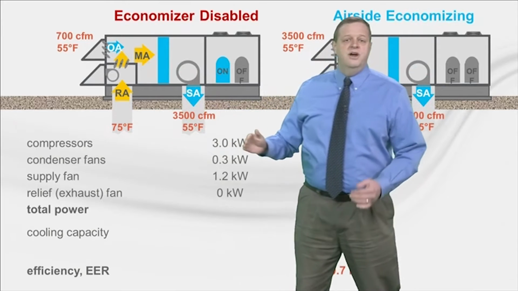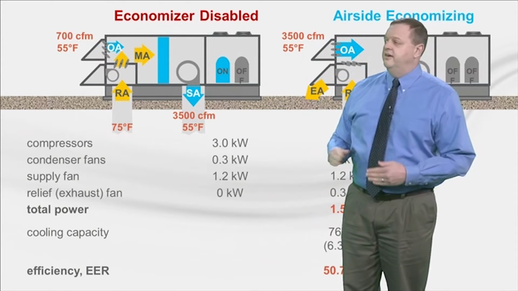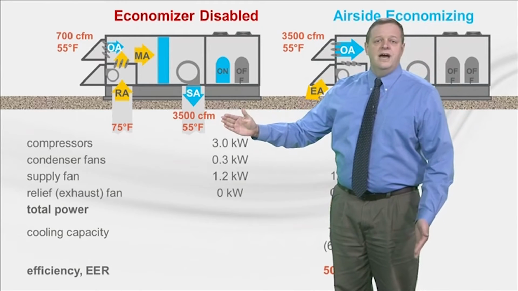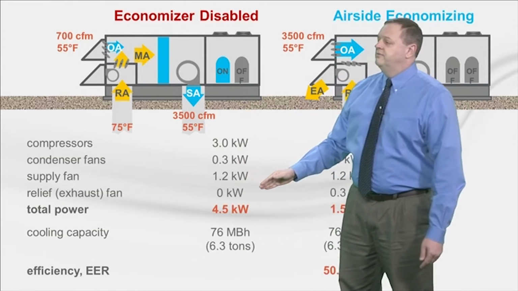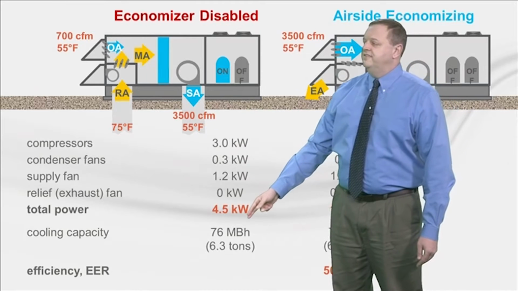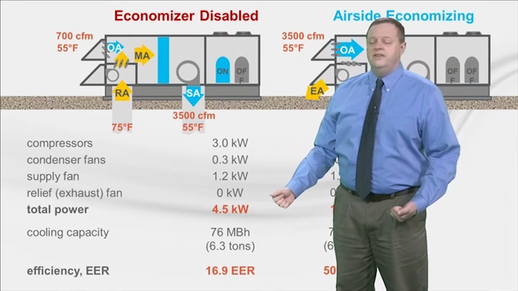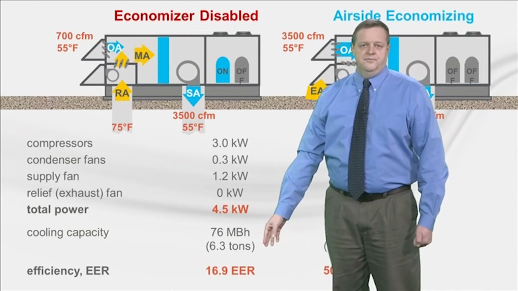In this case, a compressor is operating to cool this mixed air to the desired 55 degrees. Without the economizer, the total unit power is 4.5 kW to provide the same 76 MBH of cooling at these conditions. And the EER is 16.9.